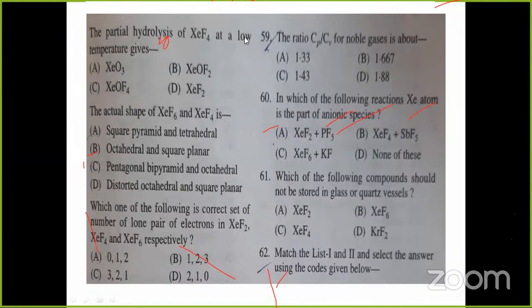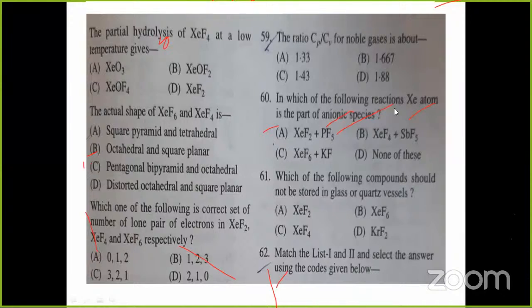Okay, right. And this is the ratio of Cp by Cv, the noble gas. The noble gases are monovalent, right? The partial hydrolysis of xenon F4 at low temperature gives. And which of the following compounds should not be stored in glass or quartz vessels?